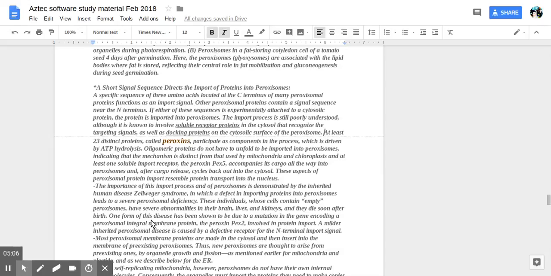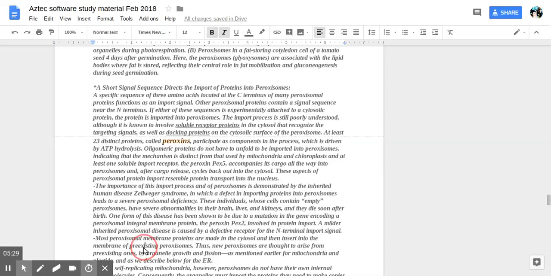One form of this is due to a mutation in the gene encoding a peroxisomal integral membrane protein, the peroxin PEX2, involved in protein import. A milder inherited defect is a defective receptor for the N-terminal import signal.